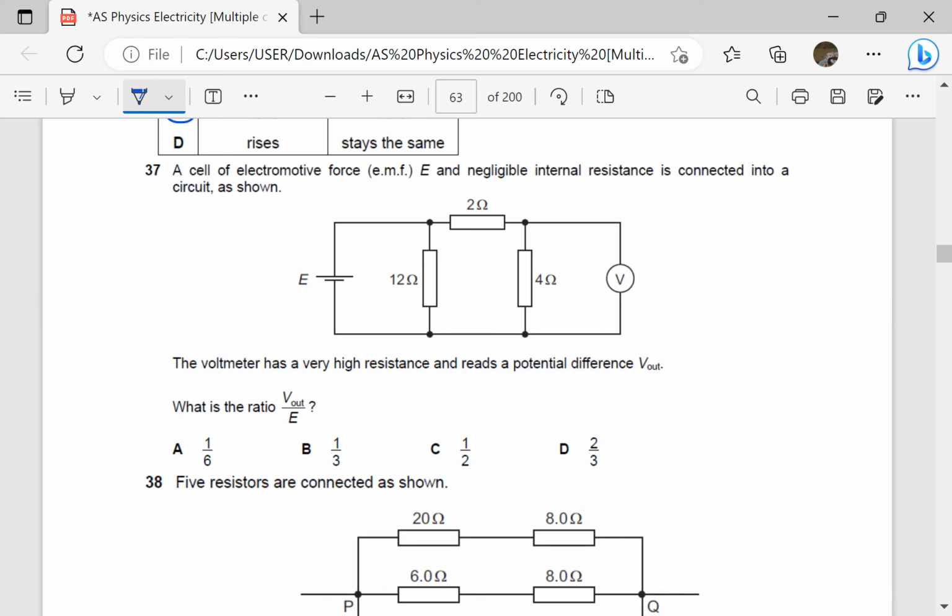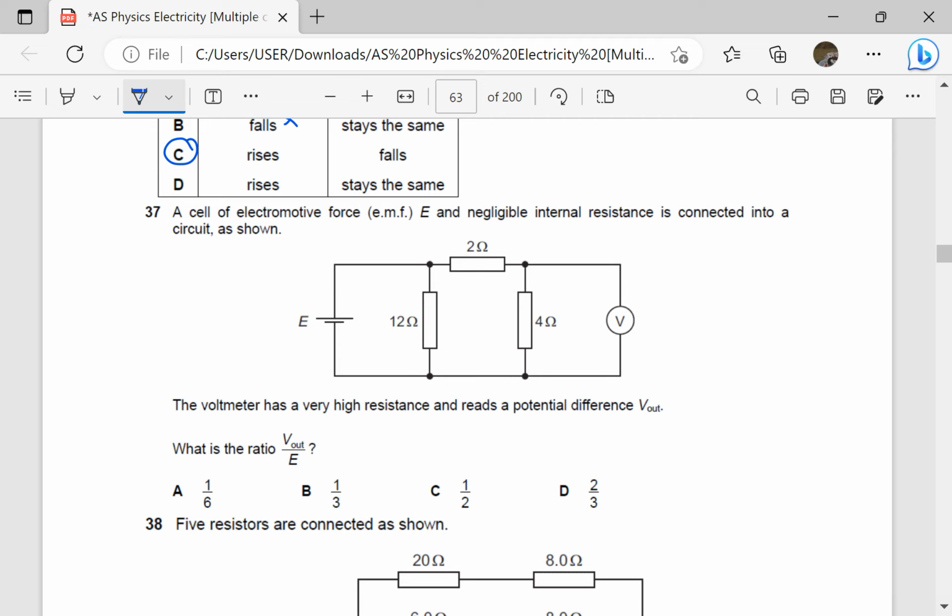A cell of EMF E and negligible internal resistance is connected into a circuit as shown here. The voltmeter has a very high resistance and reads a potential difference V out. Because it has a very high resistance, there is no current going through the voltmeter. Therefore, we shall just choose currents.